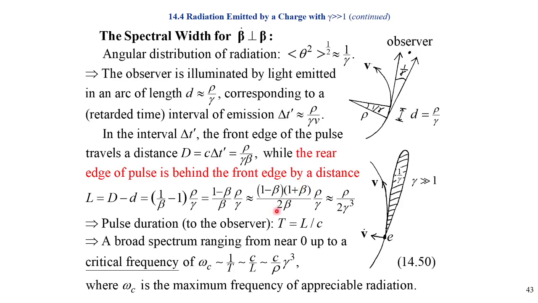So these two are very close to 2 and cancel, not much difference, only a small change. And that's rho over 2 gamma cubed.